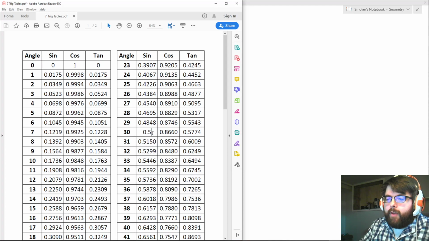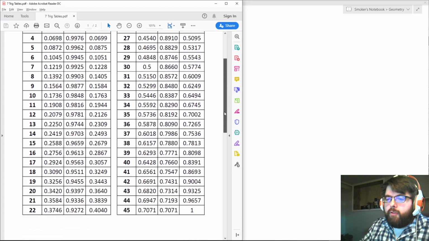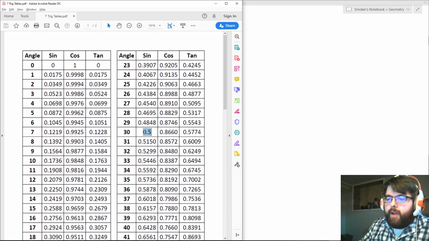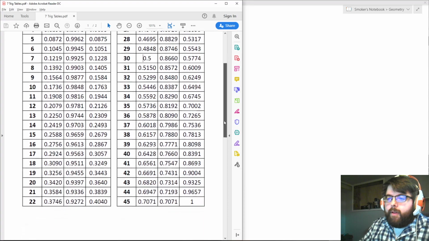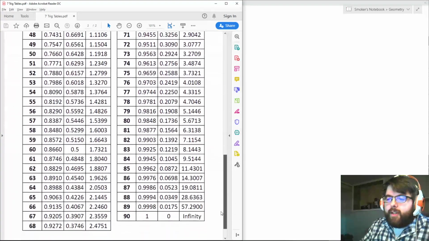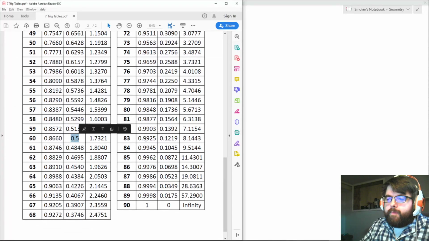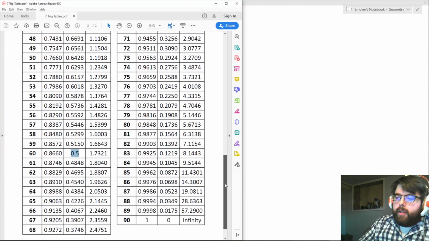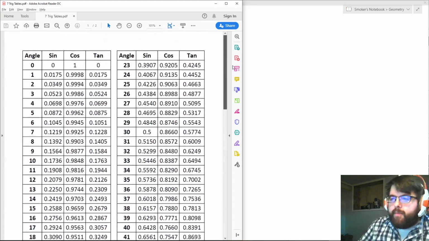That's actually an exact value. All these other values in here are actually rounded. Even though they're 4 decimal places, they would go on further than that. Zeros and ones are also exact, so the 0, the 1, this 0.5, and there's a couple other 0.5s in here. There's another one. Every other value listed in here is an approximation.